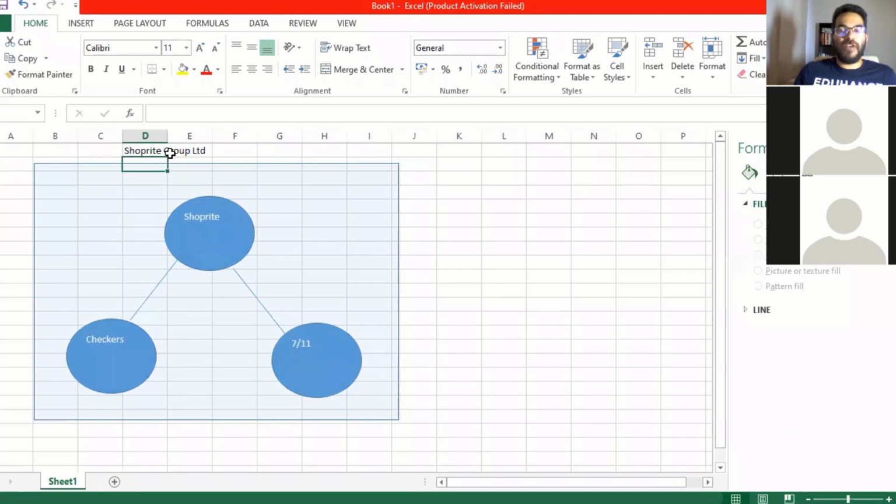From a group accounting perspective, we must assume that the square block is acting as one economic entity. So ShopRite plus Checkers plus 7-Eleven makes up ShopRite Group Ltd, which is one economic entity. Very, very important.